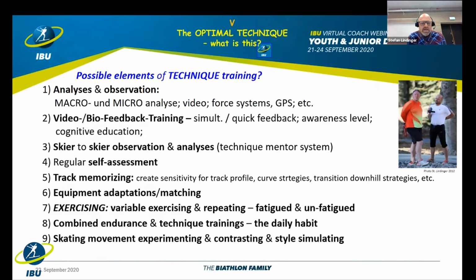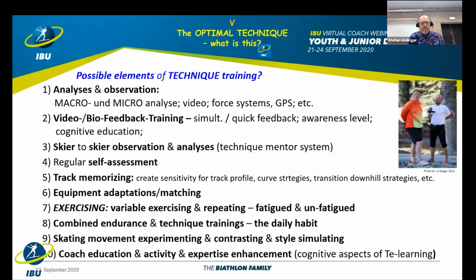Skating movement experiments are necessary on a certain level, so motivate athletes to try something out, to try the double push or something else. And we have a kind of coach education established within the athletes, so they take some easy coaching courses already in the ski gymnasium and so on. So there are a lot of relevant aspects.